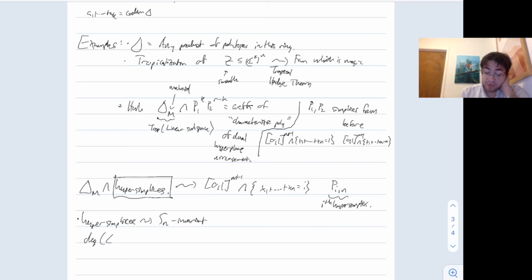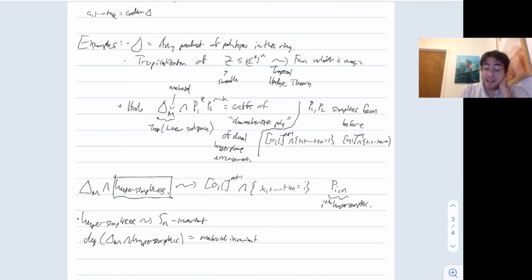So this degree, when I intersect it with various hypersimplices, is always going to be a matroid invariant, and that's not going to depend on the ordering of the underlying ground set, because these things are invariant under the S_n action.